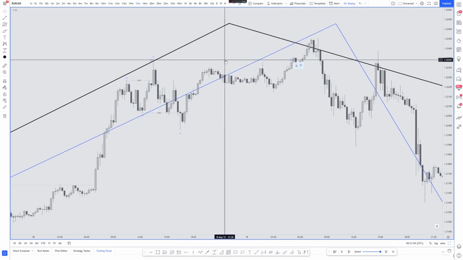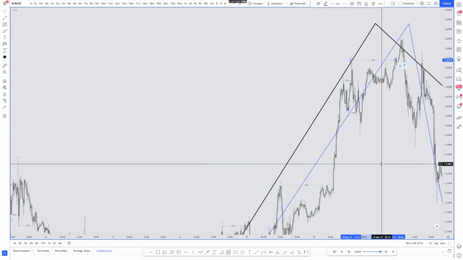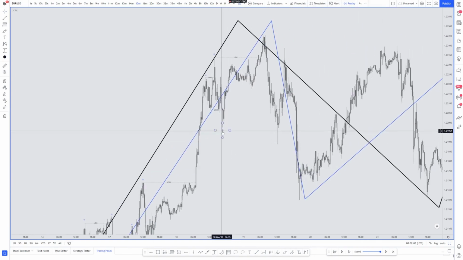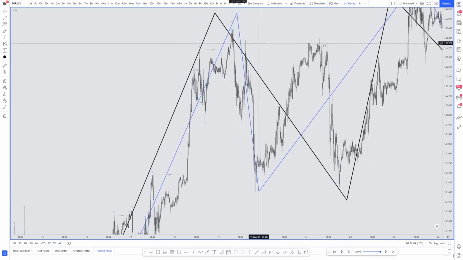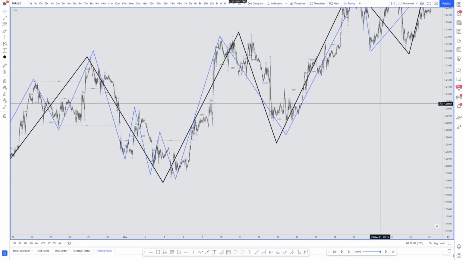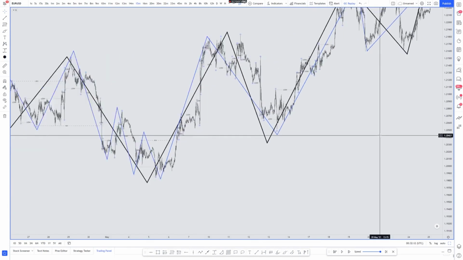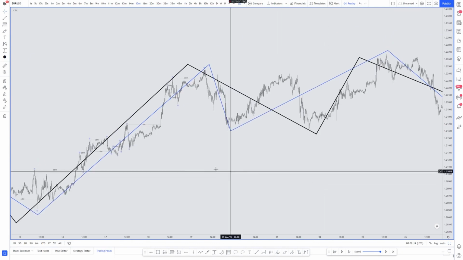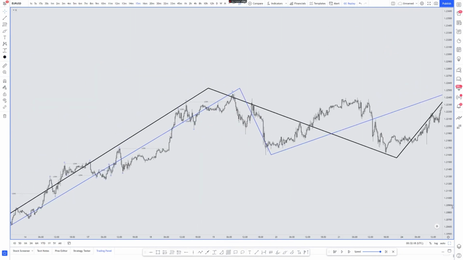Now, if we just zoom out for a sec, I believe this might be, no, not the peak yet. So as you can see, we've mapped quite a bit of structure. Now what I'm going to do at the end of this video is join all these dots with a green line.